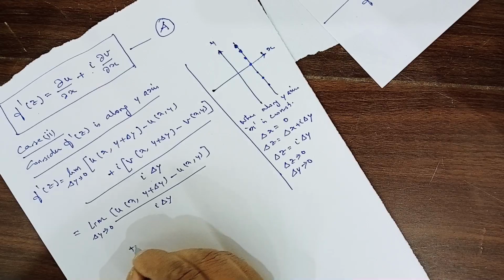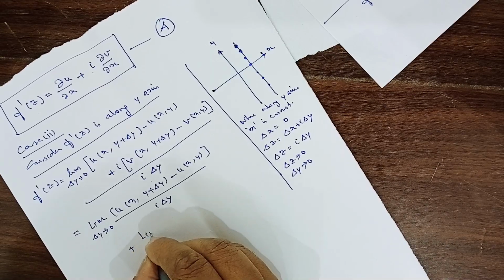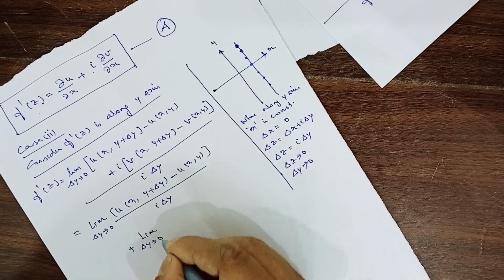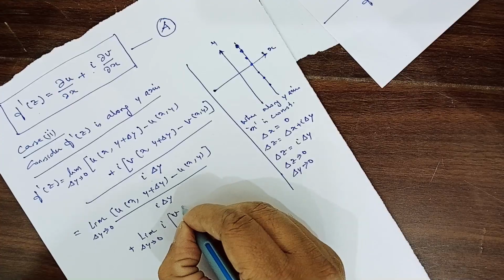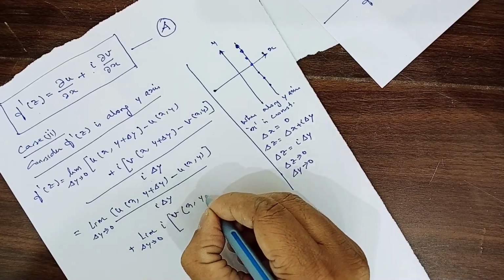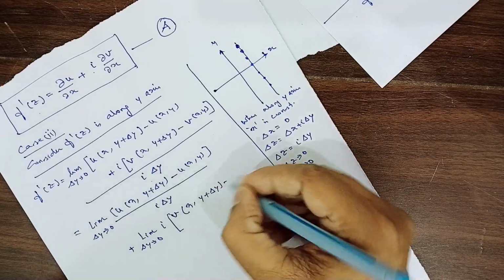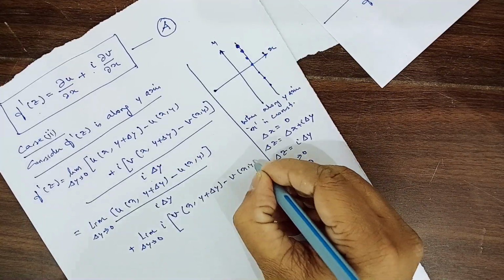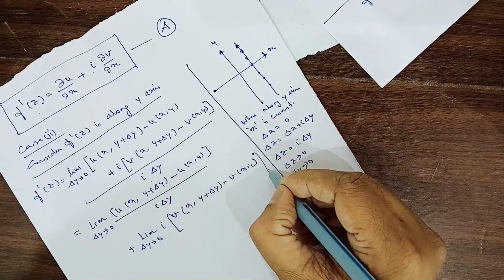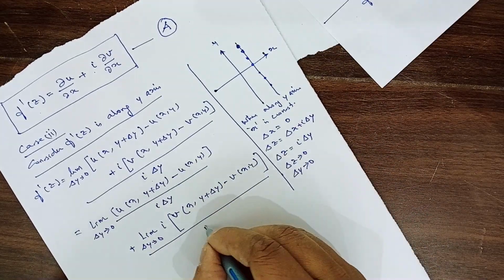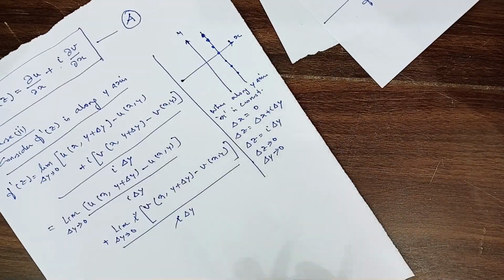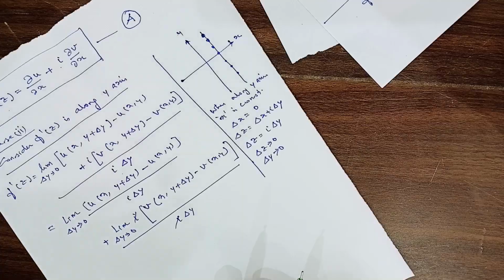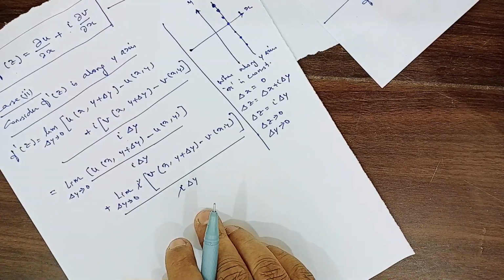Similarly, plus the limit as delta y tends to 0 of i times v of x comma y plus delta y minus v of x comma y, whole divided by i into delta y. Now this i and this i will be cancelled. Delta y will be cancelled.